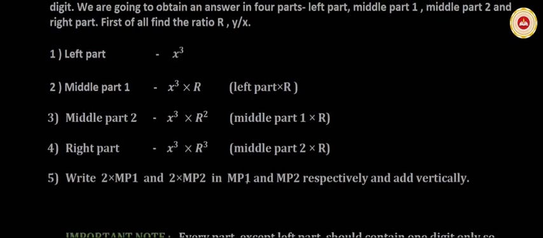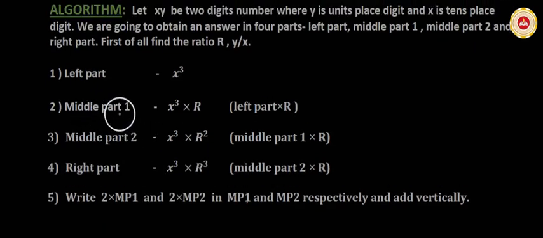What is the middle part? Middle part 1 is the value of the left part, that is x cube, multiplied by ratio R. What is middle part 2? X cube multiplied by ratio R squared. See, x cube multiplied by R squared is the same as middle part 1 multiplied by R. What is the right part?